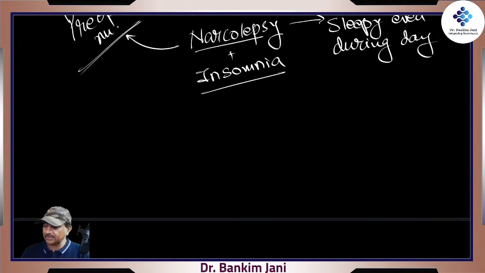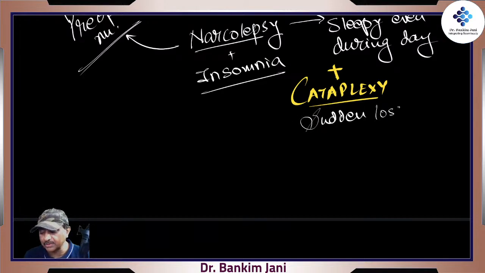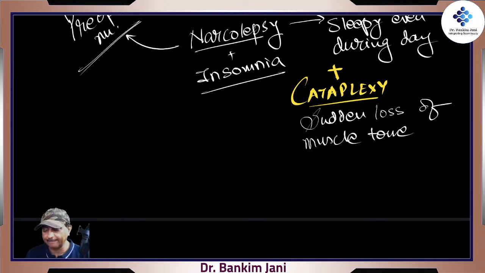Now, as we are talking about this, I think we should add one very interesting word, and it is called cataplexy. What cataplexy is: when we go to sleep, the muscles relax. In cataplexy, even though the person is awake, his muscle tone is gone. So this is the pathological condition. There is sudden loss of muscle tone in the awake state.